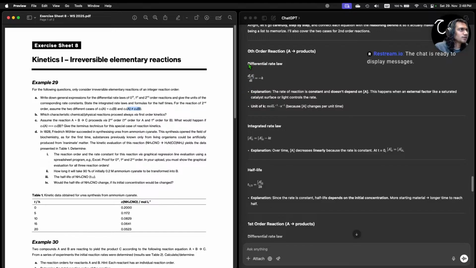If we integrate this, T0. Over time, A decreases linearly, but rate is constant.